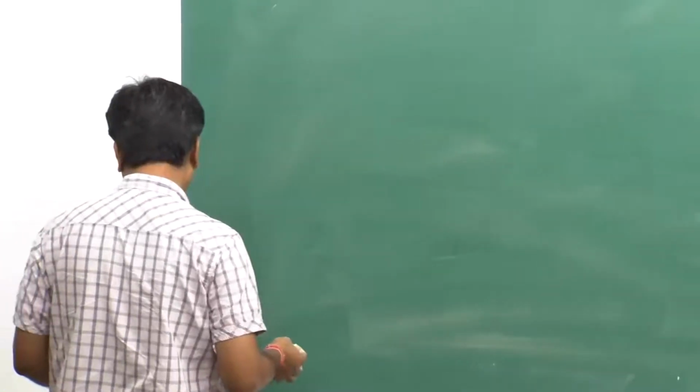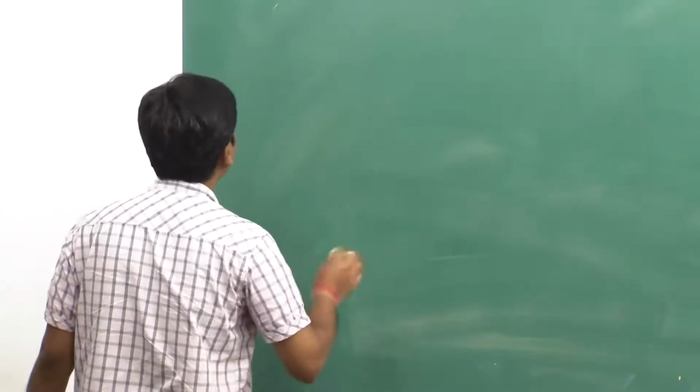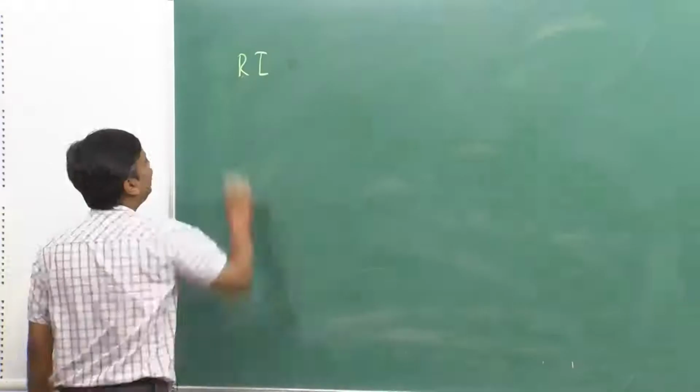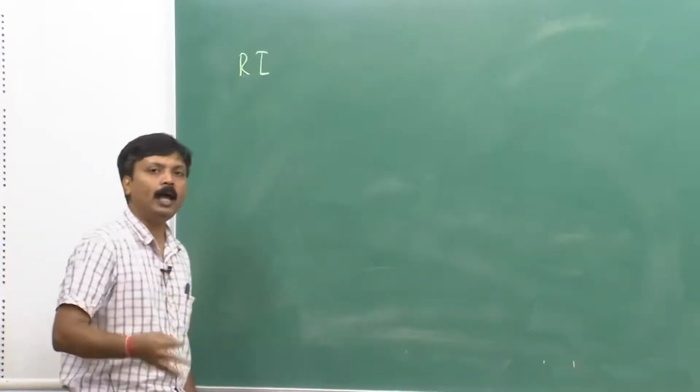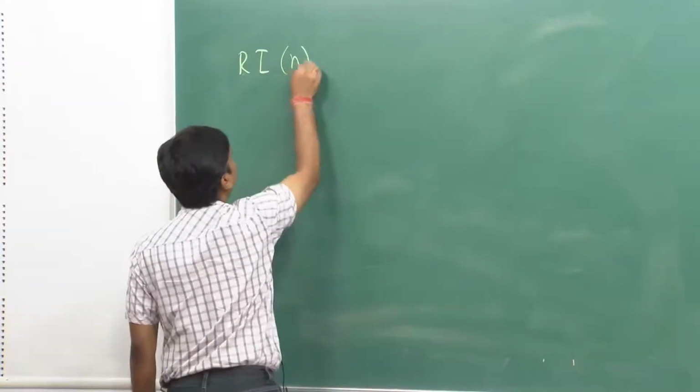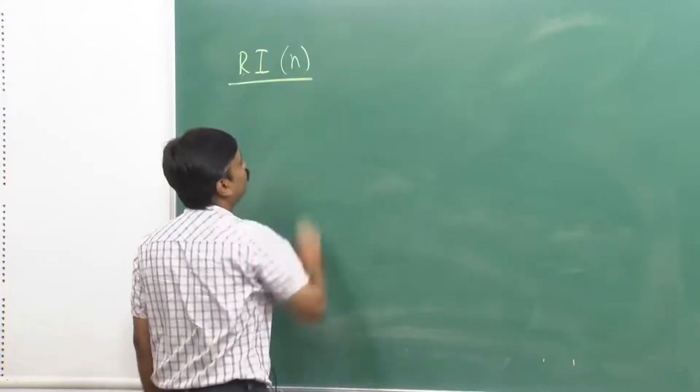So, now coming back to the context, we are going to see a couple of examples of this nonlinear optical phenomena. The first example is the refractive index of the medium. We write the refractive index as n.